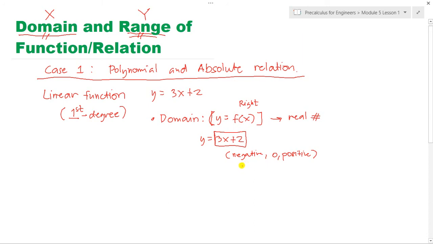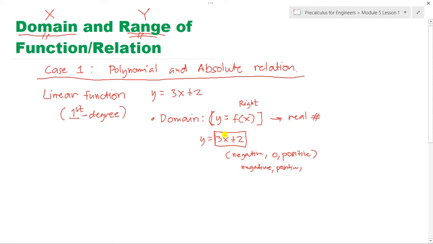So meaning negative pod ang atong right side, since we're talking about the right side of the equation. How about if I input a 0? Di ba? 3 times 0 is 0, plus 2. So positive gihapon. Ang atong right side is positive.